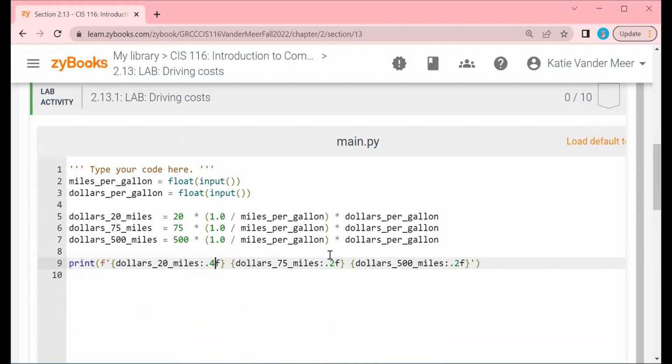Is the F at the beginning indicating that it's a float statement? Well, that's all that you would do for precision. You wouldn't do that for an integer.